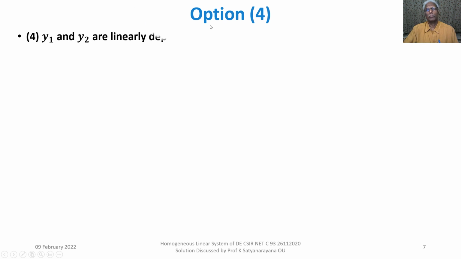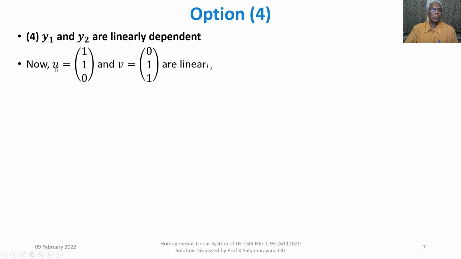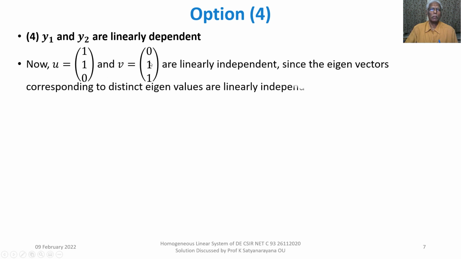Let's now discuss the statement given in option 4. Option 4 says y1 and y2 are linearly dependent. Now, u equal to 1, 1, 0 and v equal to 0, 1, 1 are linearly independent. Why?